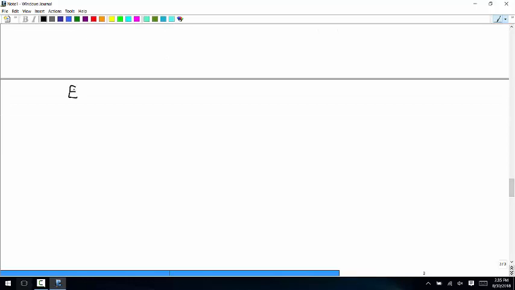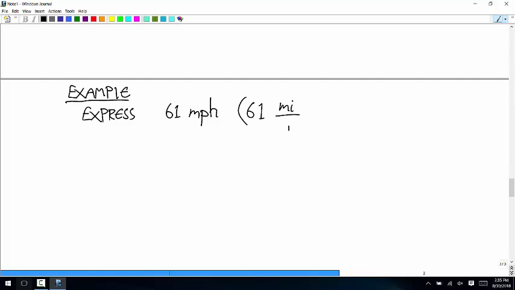Okay. So here's another example. Let's say we want to express 61 miles per hour. And by the way, that's 61 miles divided by hours, in meters per second.